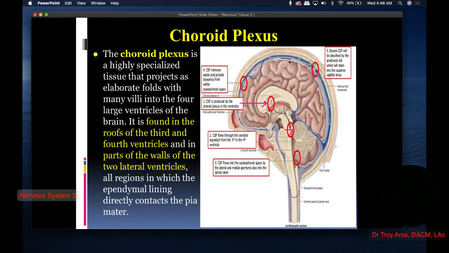And we talked about this circulation before. This venous system here involves excess cerebrospinal fluid being absorbed by the arachnoid villi, which will drain into the superior sagittal sinus. And that's your venous system here. So that's your choroid plexus.